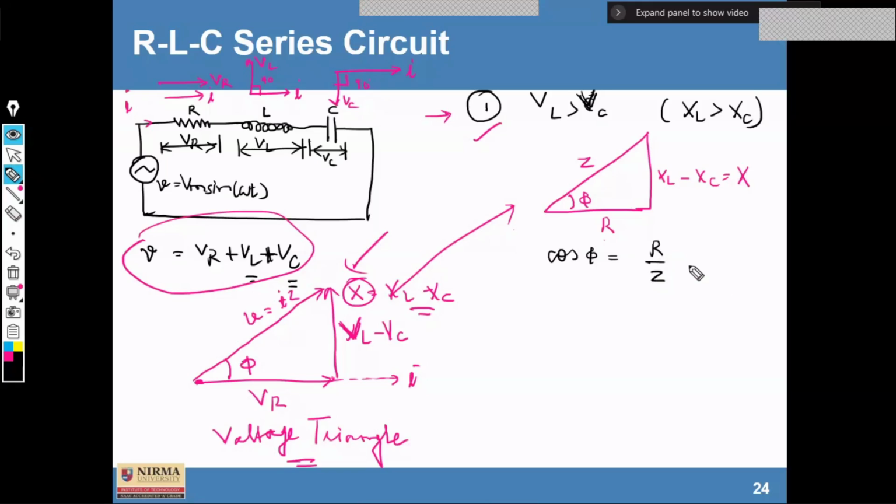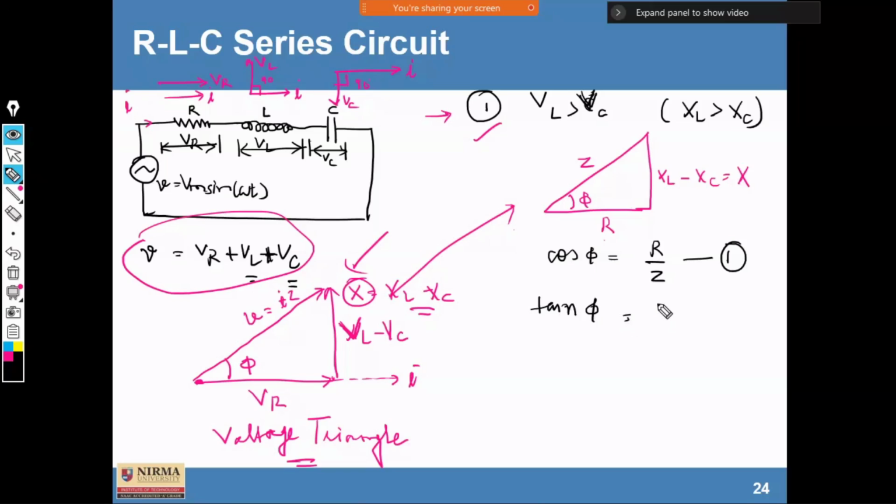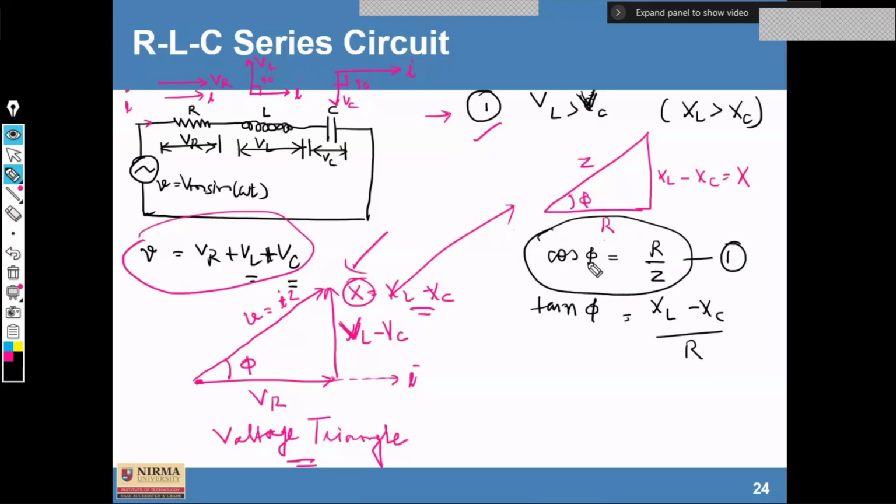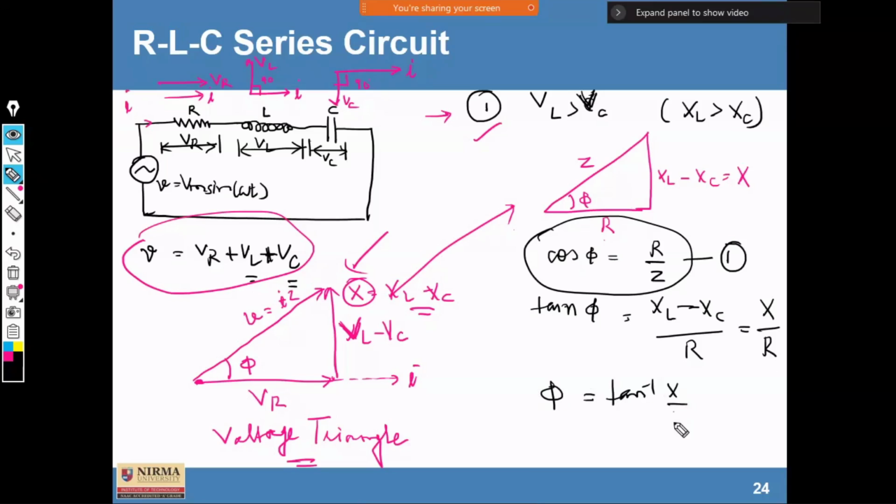And the similar equations we derived for RL series circuit also and RC series circuit also. And similarly, we can find tan phi, that is XL minus XC upon R. So the power factor equation will remain the same in all the different conditions. And in these conditions, XL and XC, there is a net difference, or we can write X upon R also. And we can find phi as tan inverse X by R.